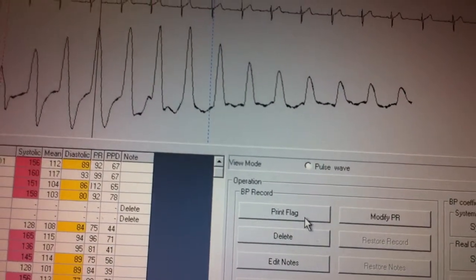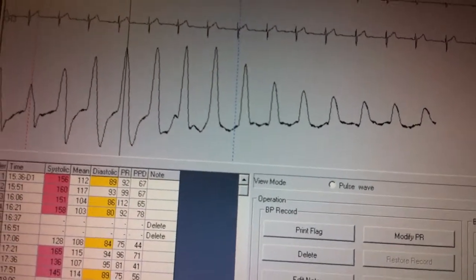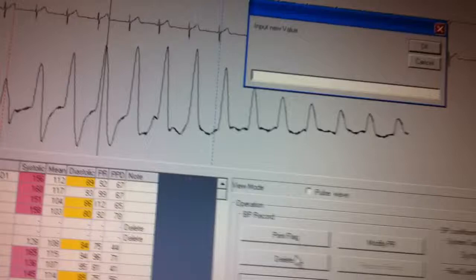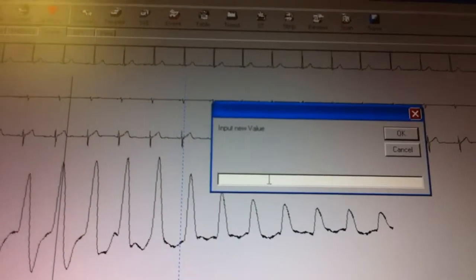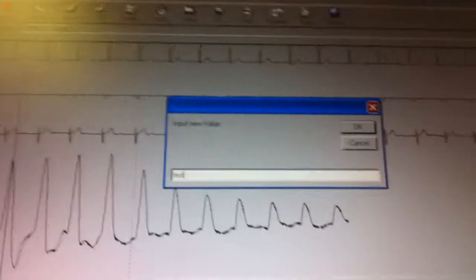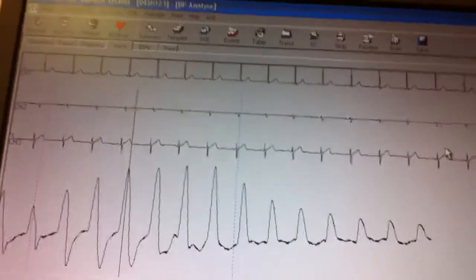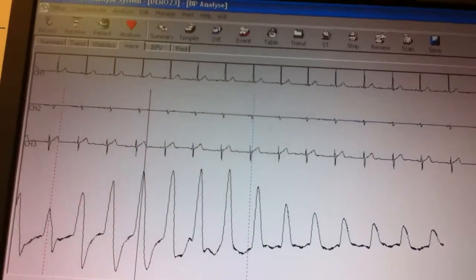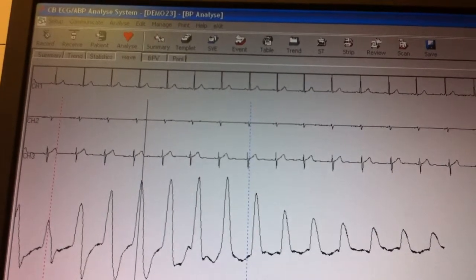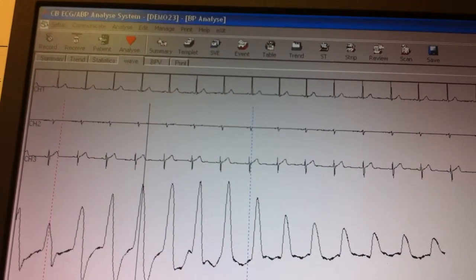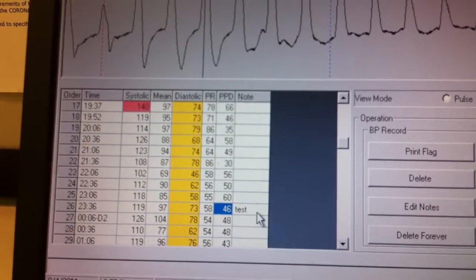Values or waveforms can be flagged for printing later. Notations can be made. You can see here's my note I just put in there.